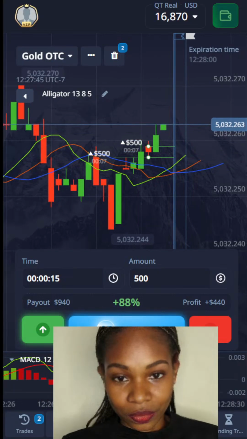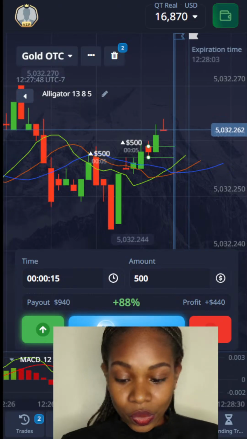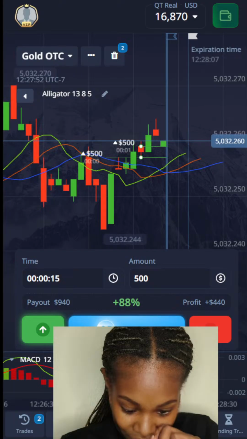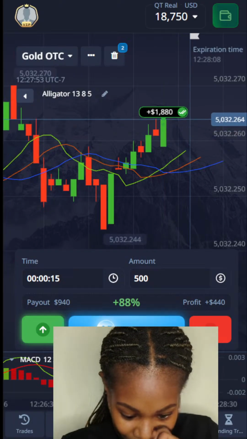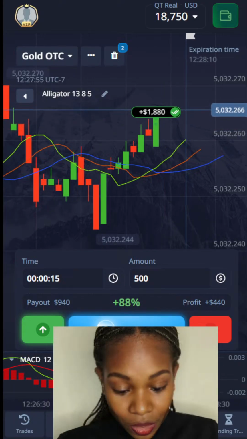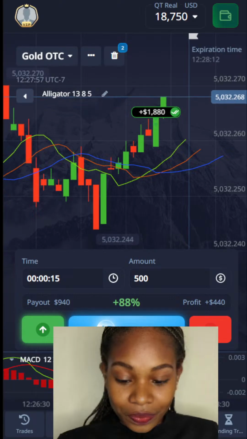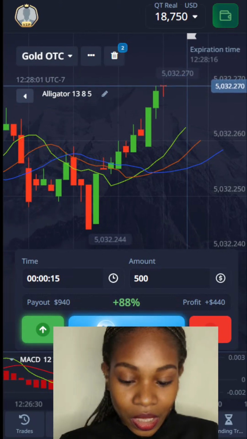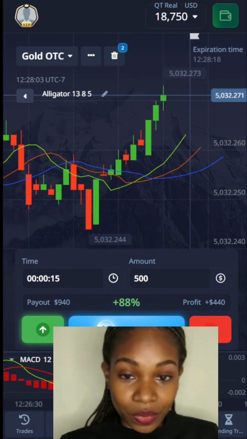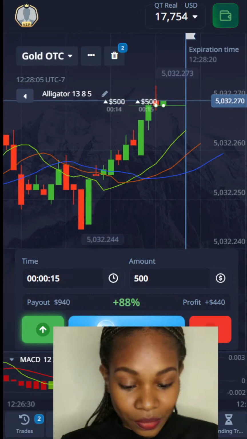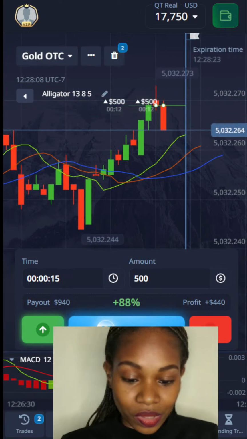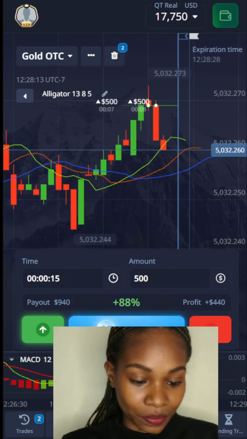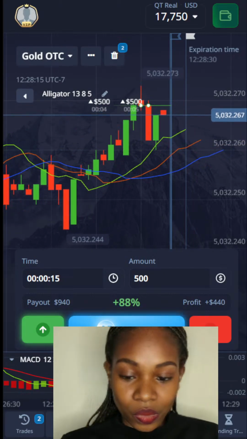And when the MACD line crosses below the signal line, we look for the sell option. So that is how we use these two indicators.